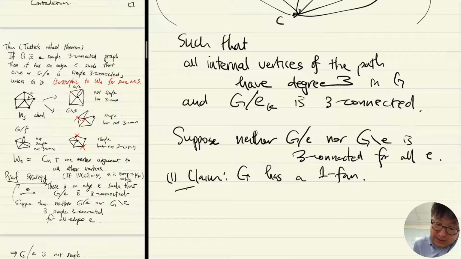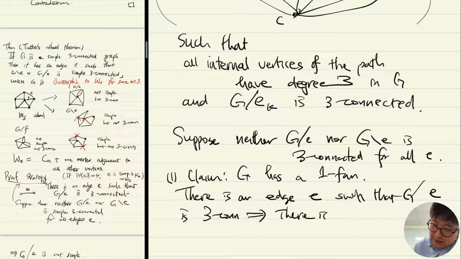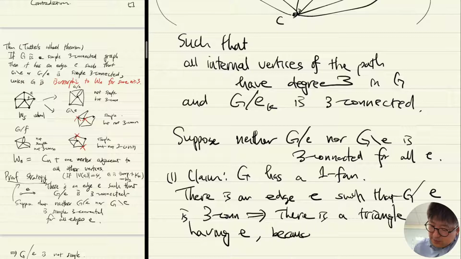There is an edge E such that G contract E is 3-connected. So that means there is a triangle having E, because G contract E is not simple.